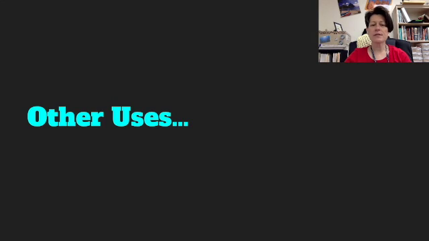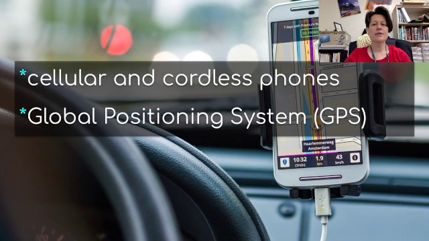Other uses of these are cellular and cordless phones. Our cell phones use microwaves, and also cordless phones in your home do. And Global Positioning Systems, GPS, which I kind of combined here. You see a smartphone with basically GPS type features.